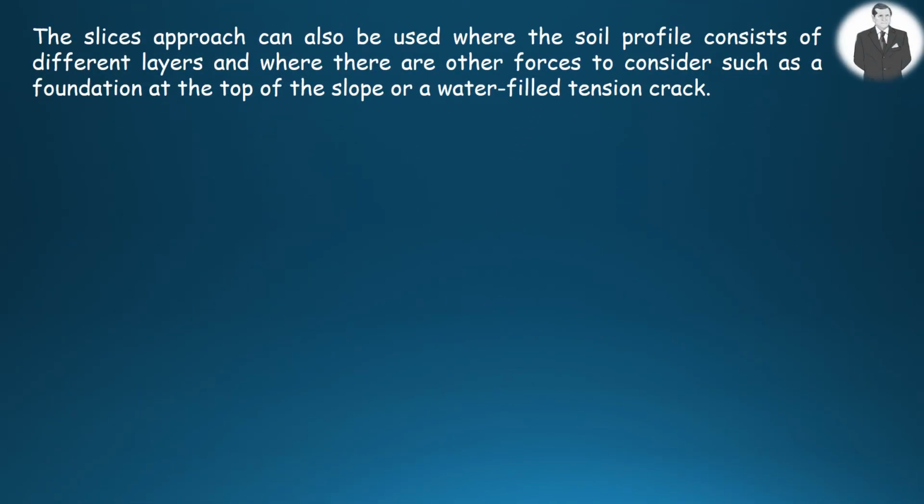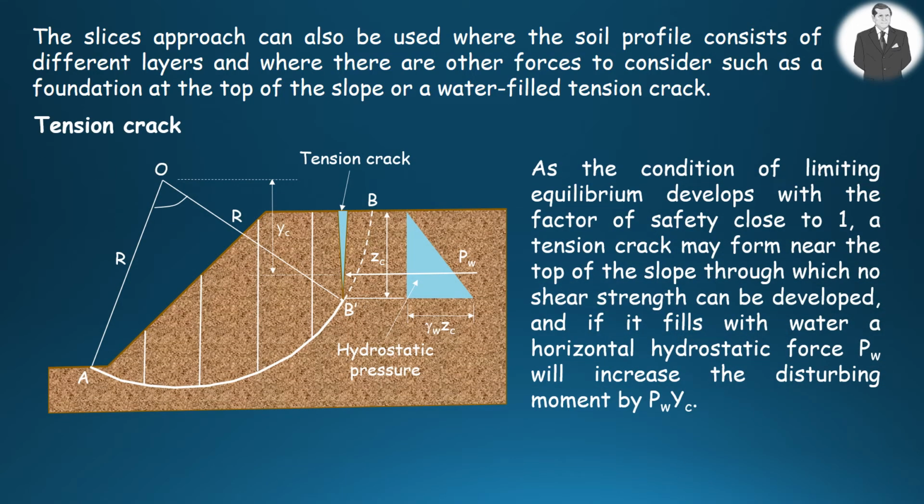The slice method can also be used where the soil profile is made up of different layers and where there are other forces such as a surcharge at the top of the slope or a water-filled tension crack. As the condition of limiting equilibrium develops with the factor of safety close to unity, a tension crack, as shown in the figure, may develop near the top of the slope, through which no shear strength can be generated.